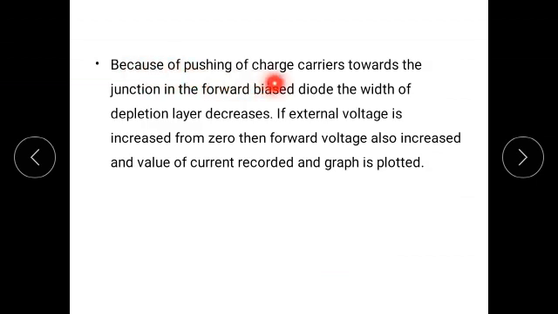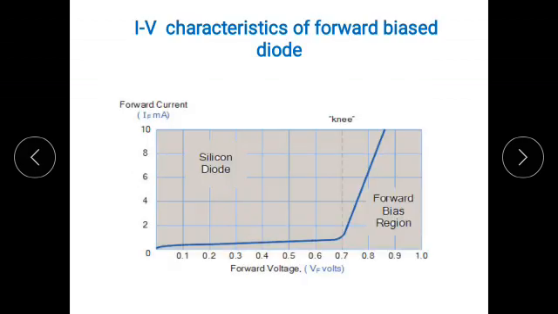Because of the pushing of charge carriers towards the junction in the forward bias diode, the width of the depletion layer decreases. If the external voltage is increased from 0, then the forward voltage also increases, the value of current is recorded and a graph is plotted.